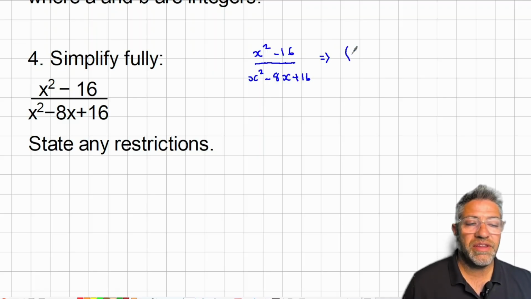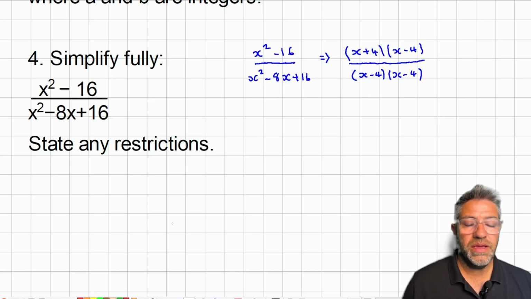Again, we have the difference of squares in our numerator, so that could be written as x plus 4 and x minus 4, both terms in brackets once again. Our denominator could be written as x minus 4 in our first set of brackets, and x minus 4 again in our second set of brackets.